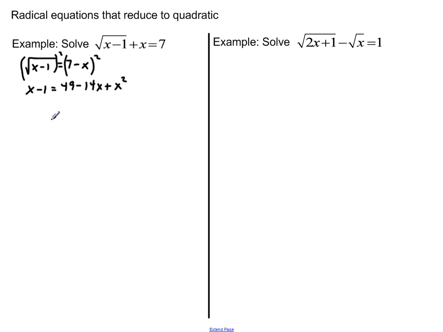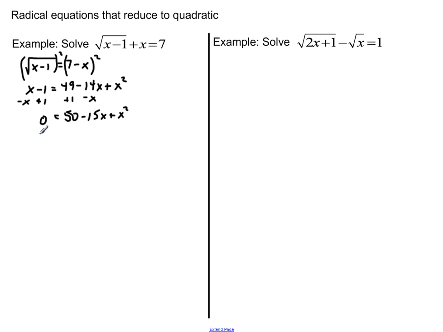And since we have x squared in the equation, we must set the entire thing equal to 0. So we're going to rewrite by subtracting x from both sides and adding 1 to both sides. Subtract x from the left and from the right. Add 1 to each side. And we come up with 50 minus 15x plus x squared.